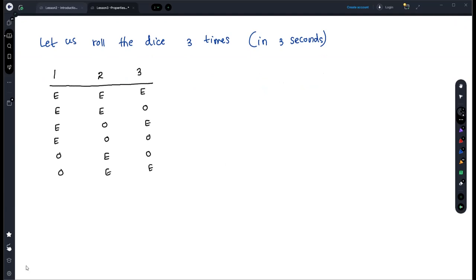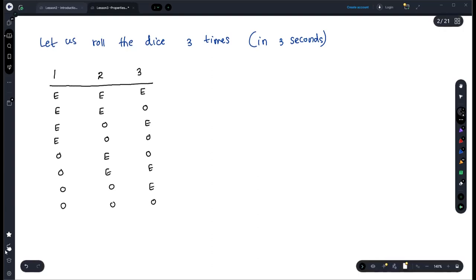Even, odd, odd, even, odd, odd. So these are the possibilities. 2 to the 3, there should be 8, right? Yes. Okay, so these are the possibilities you can get, odds or evens.